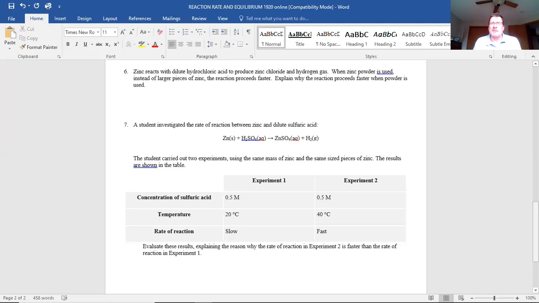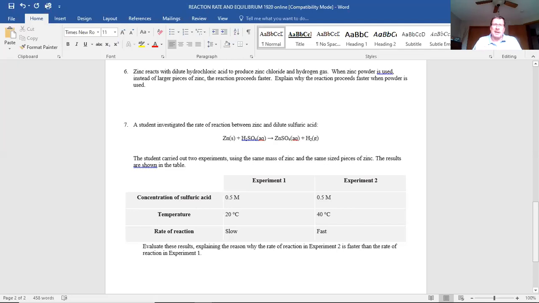There's much more surface area in the powder. You're throwing that powder into a liquid acid solution. It's going to spread out as it hits the water, so much surface area in there that your opportunity to collide, and again, both these last two questions had to relate exactly to collision theory, talking about your improving the opportunities and the odds of colliding at the appropriate energy level and orientation.